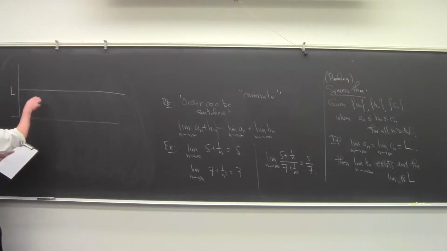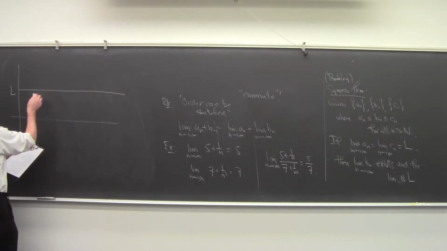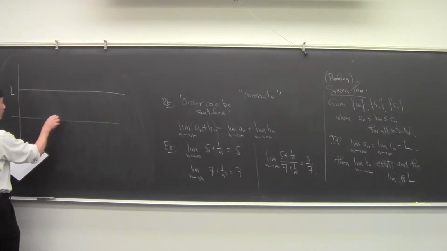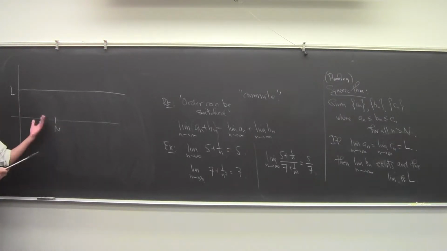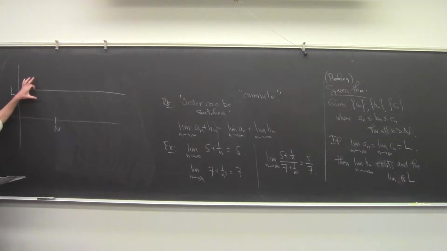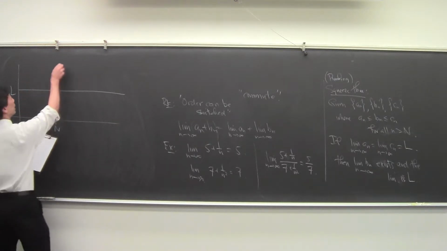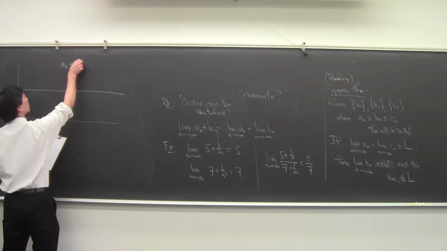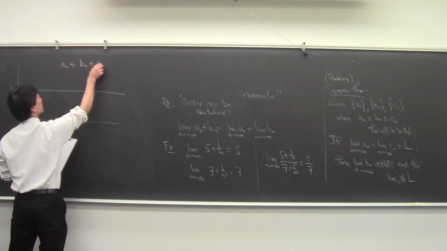So there's some number L, and you have these sequences, and past some point you don't really care what happens before that point. Maybe there's no hierarchy between them, but past some point you have the relation that A sub n is less than or equal to B sub n, less than or equal to C sub n.